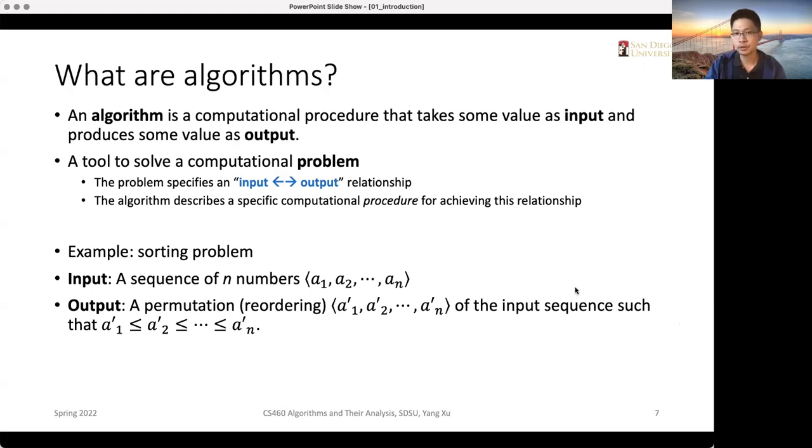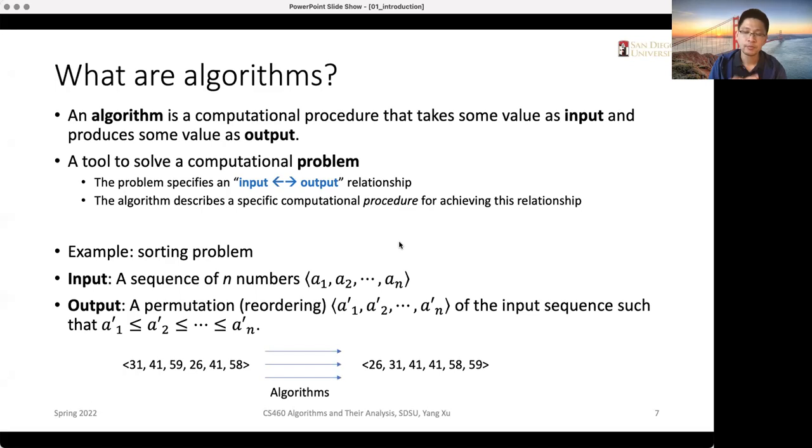We want to reorder all the elements. In this example, given the inputs 31, 41, up to 58, we want the elements in the output to be in order. So whatever algorithms or methods we use between the inputs and the output sequence will be called a sorting algorithm. It's actually a quite straightforward concept to capture.